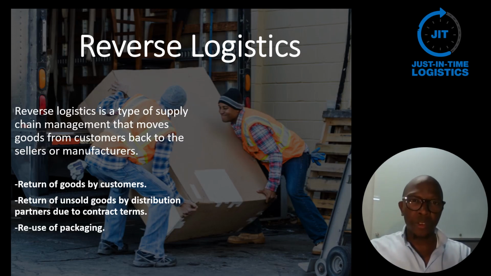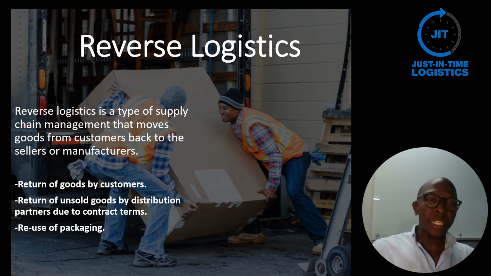Now there's the reverse logistics, which is mainly the type of supply chain management that moves goods from the customers right back to the reseller, right back to the manufacturer, for various reasons.